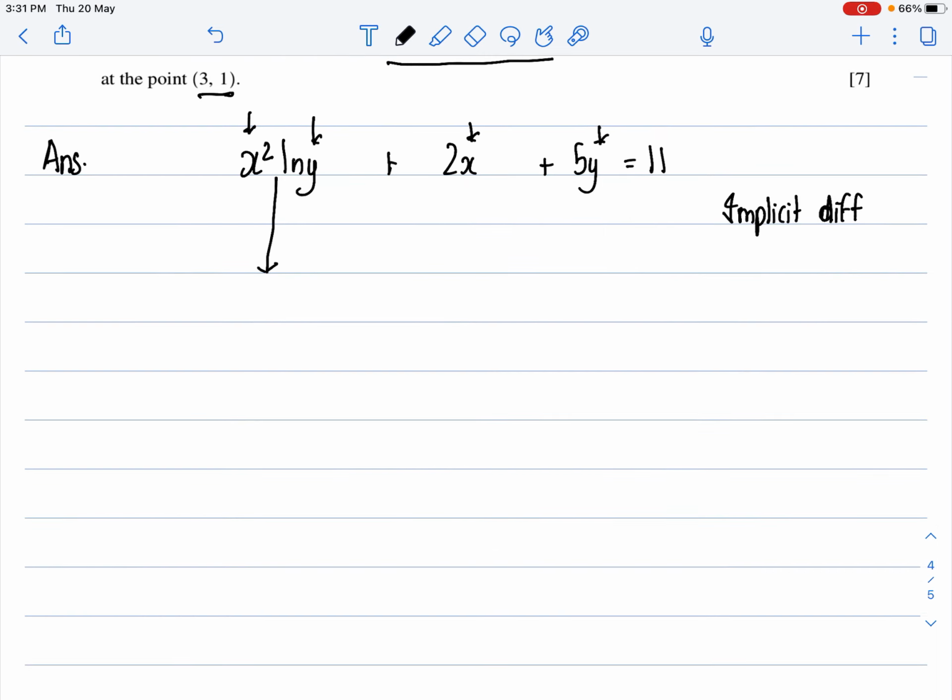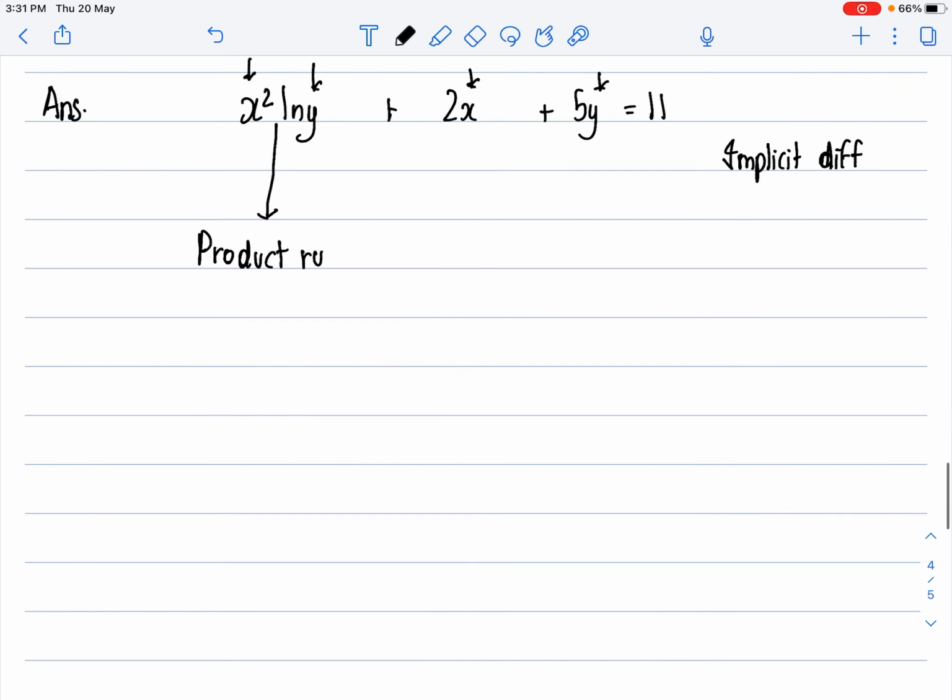I use the product rule here because x square is multiplied by ln y. In the product rule, I take my u as x square and my v as ln y.